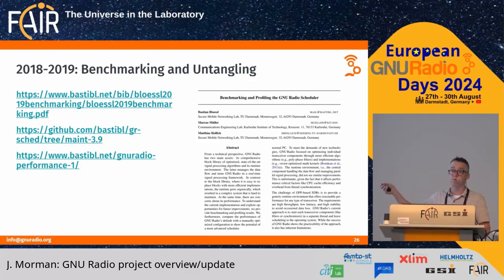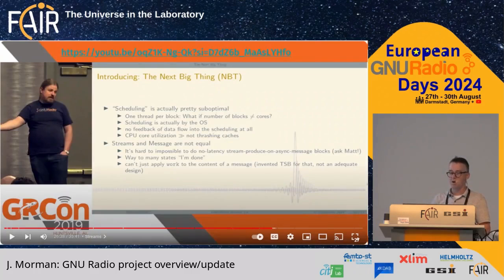There was a paper published at GRCon. Marcus presented this and really identified quantitatively what the weak points of GNU Radio are and what we should do better. One of the big things here is the thread per block scheduler. We're leaving a lot of processing on the table by doing all that context switching, especially when you have one thread per block and a lot more blocks than cores.